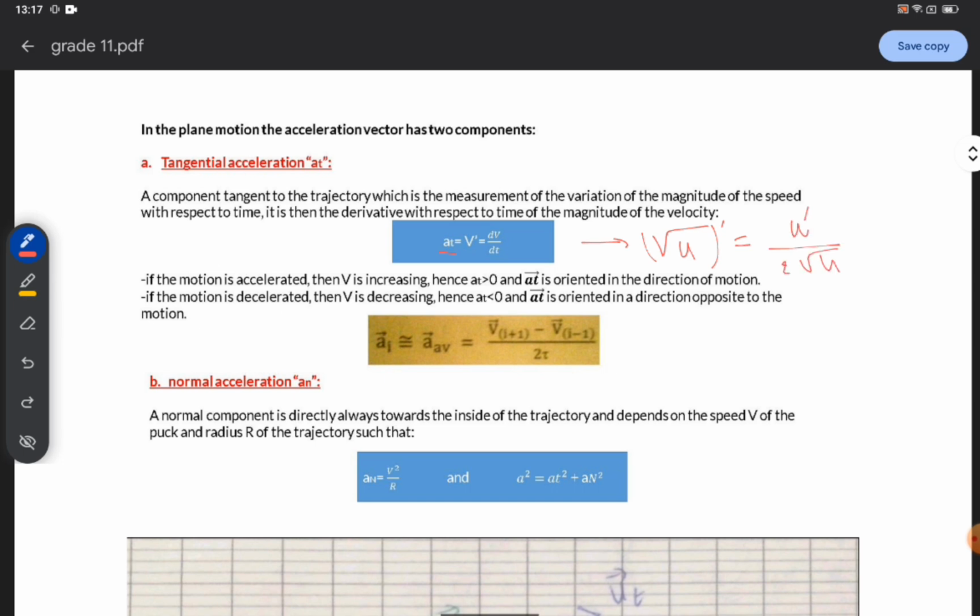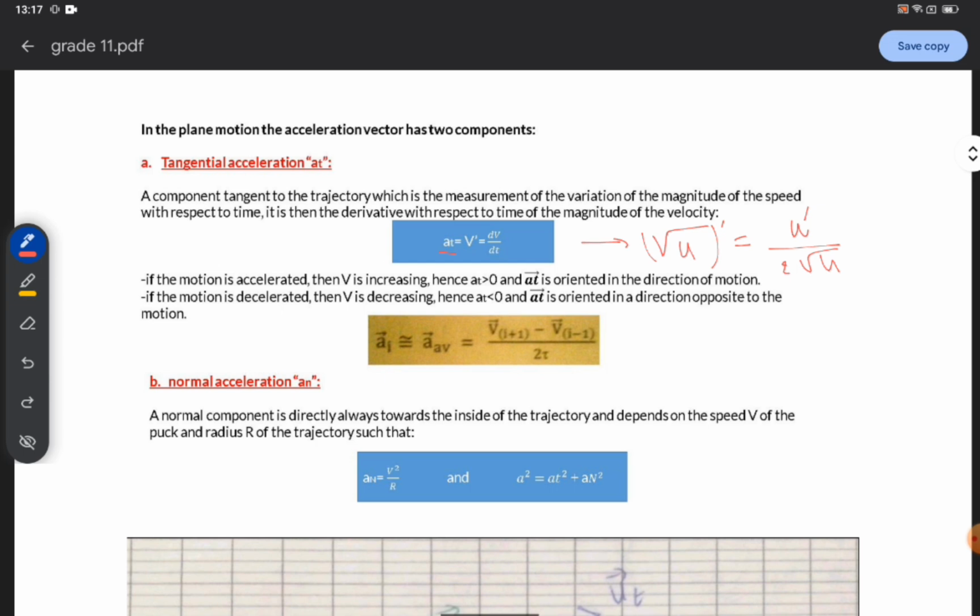If the motion is accelerated, then v is increasing, hence at is positive, and the at vector is oriented in the direction of motion. If the motion is decelerated, then v is decreasing, hence at is negative, and the at vector is oriented in a direction opposite to the motion.